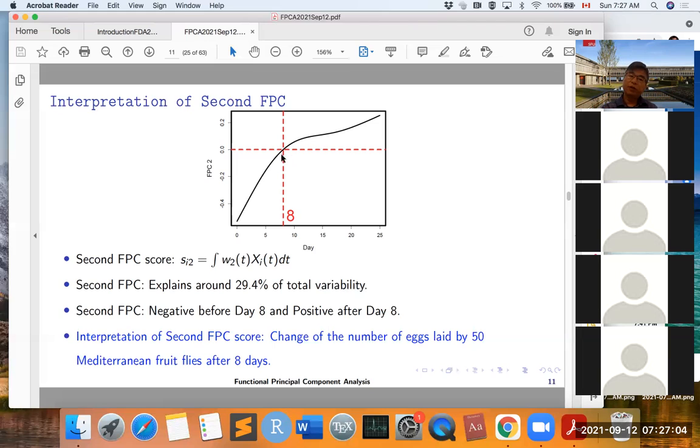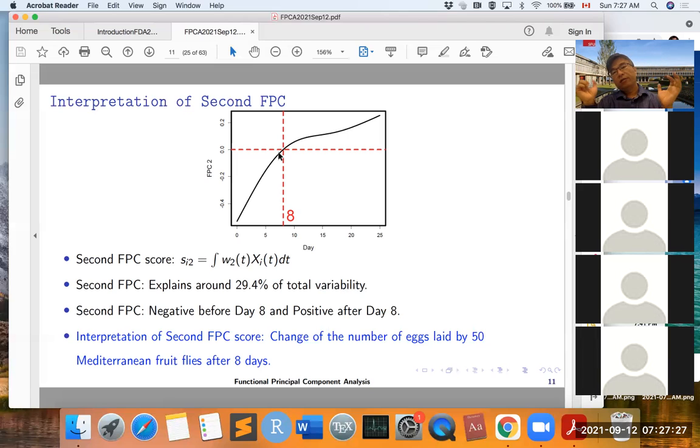So for example, if one fruit fly had a relatively small change, a small decay in the number of eggs laid, it may have very few eggs laid in the beginning and very few eggs laid in the end as well.